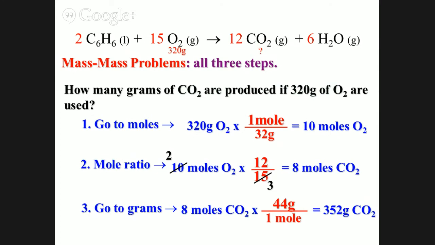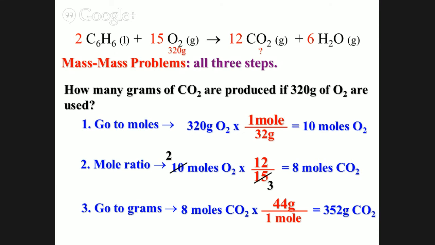Now, for mass problems, or for that matter, mixed problems, when I'm going, say, from grams to liters, or going from molecules to grams, anything that's not the same, in that case, I have to do all 3 steps. I have to first go to moles.